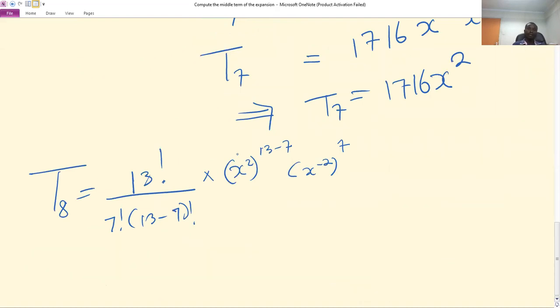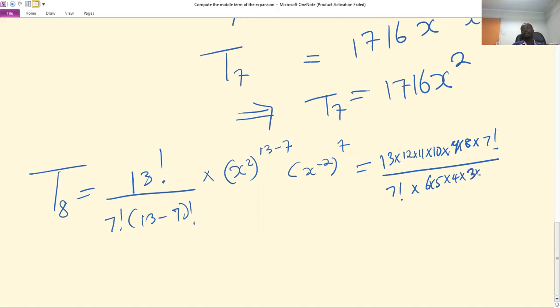So this will be 13 times 12 times 11 times 10 times 9 times 8 times 7 factorial over 7 factorial times 13 minus 7, which is 6, so 6 by 5 by 4 by 3 by 2 by 1, x raised to power.